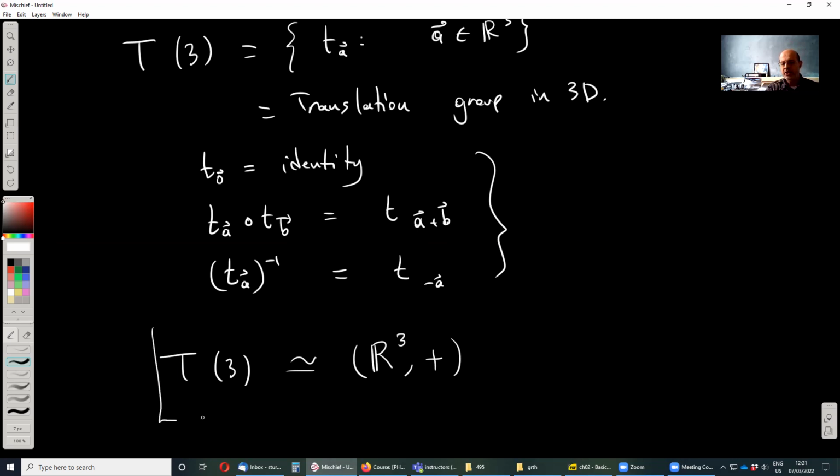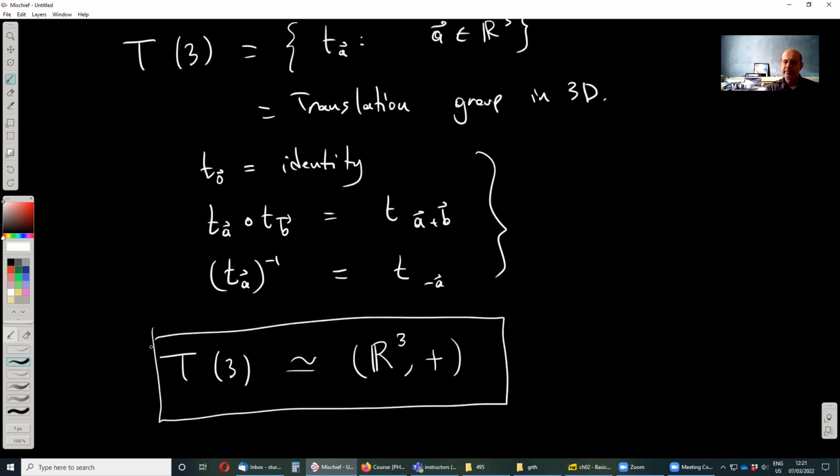So the 3-dimensional translation group is more or less the same as this group in here, because there's an isomorphism. There's a one-to-one correspondence. Okay. And so as a result, I can also think of this translation group as a multiplicative group as well, but the real operation is this composition in here.